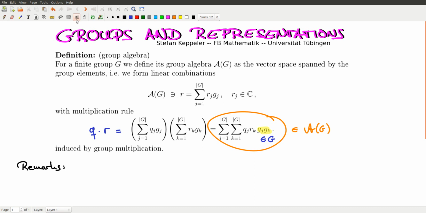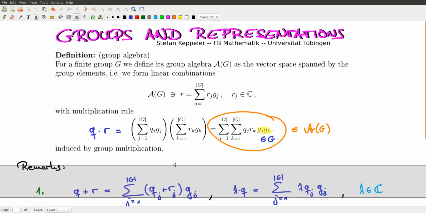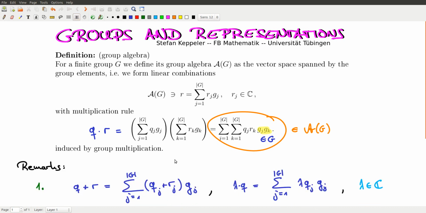And when I said we make it a vector space, then I have to say how we define addition of elements in A of G and multiplication with scalars, and we do this component wise. So if we add Q and R, we add the coefficients of Q and R of the group elements, and we can also multiply with complex numbers like this.